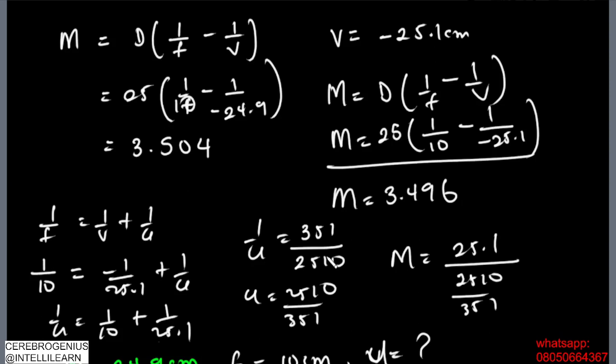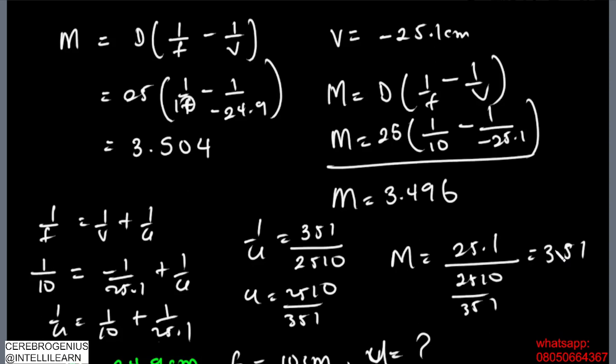So you have 3.51. Now look at it. That means that when it's not functioning as a microscope, it has a magnification that is even bigger than what it's supposed to be.